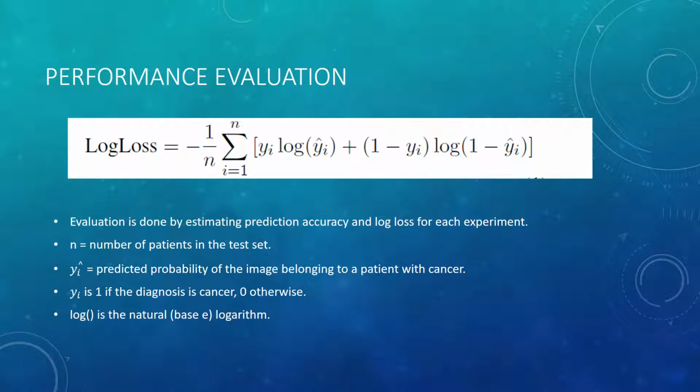The log loss is given by the equation as shown in the slide. Here n is the number of patients in the test set, ŷi is the probability that the model predicts, and yi is the true diagnosis, that is, the true label of whether that subject has cancer or not.